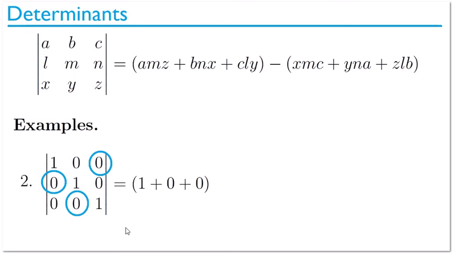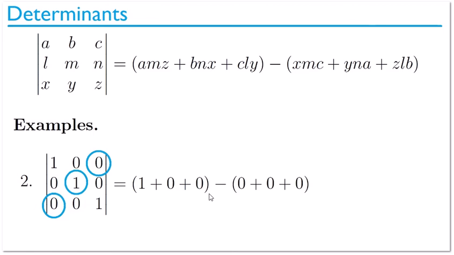Move to the right, you have 0 times 0 times 0. So we have here 1 plus 0 plus 0, and then minus 0 plus 0 plus 0. And if we simplify, we have 1. In general, if we have an identity matrix, the determinant is always 1.